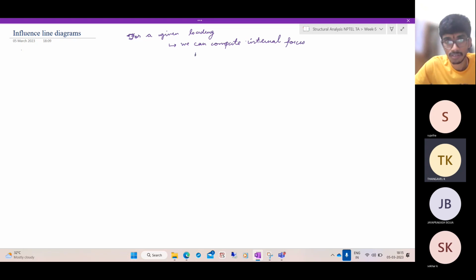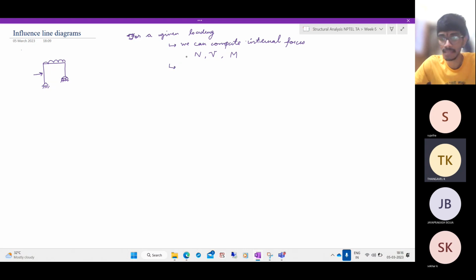The axial force, shear force, and the bending moment. If you are given some structure and some loading, you know how to find out the axial force, shear force, and bending moment in all its members.